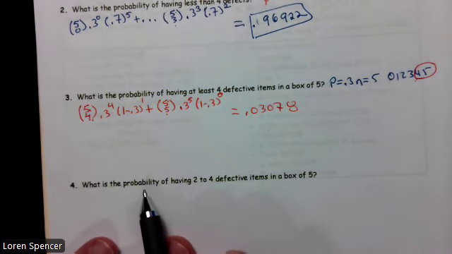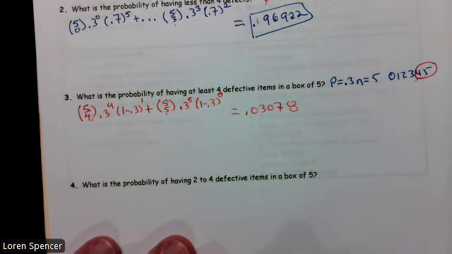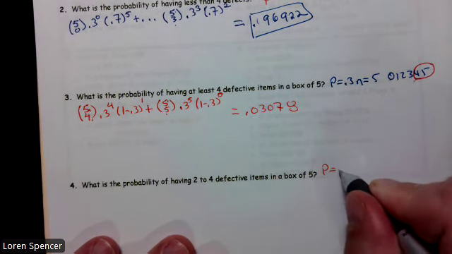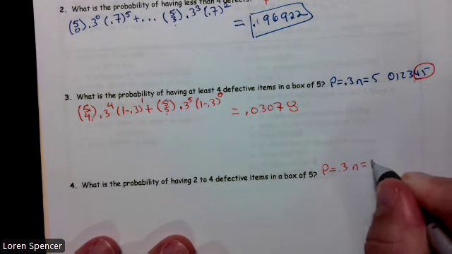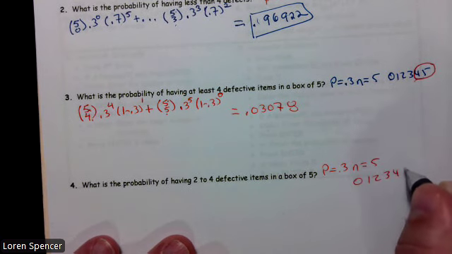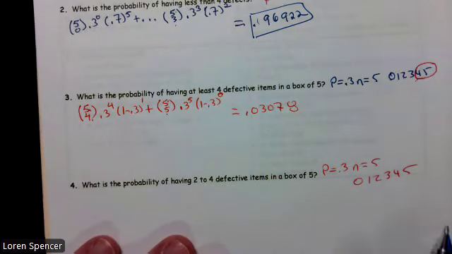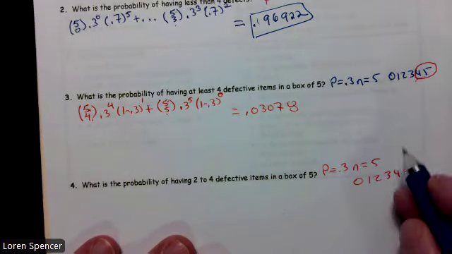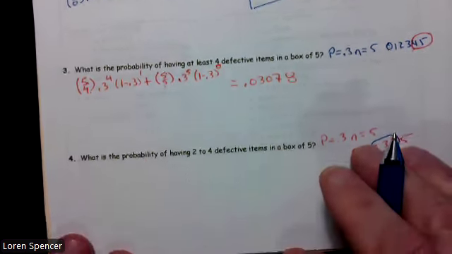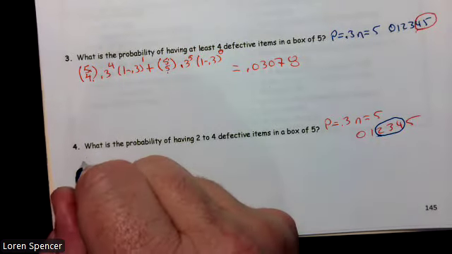All right, the next one. What's the probability of having 2 to 4 defective items in the box? Okay, so the probability is still 0.3, n is 5. And we could have 0, 1, 2, 3, 4, or 5 defects, but in this case, I'm interested in 2 to 4. Once again, we're not going to write the equation because we've already done it.